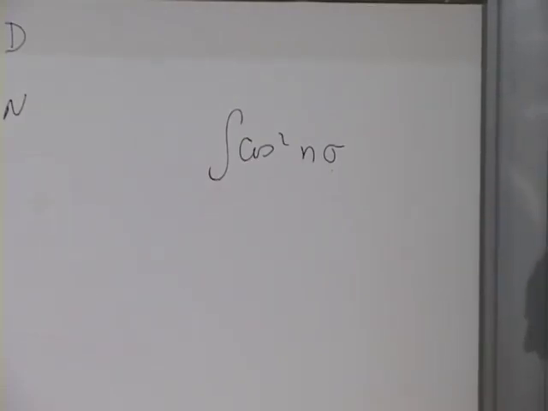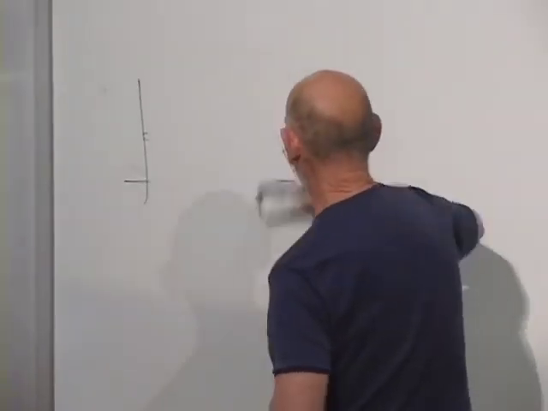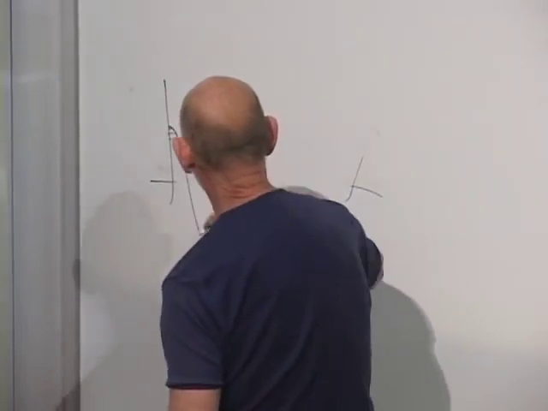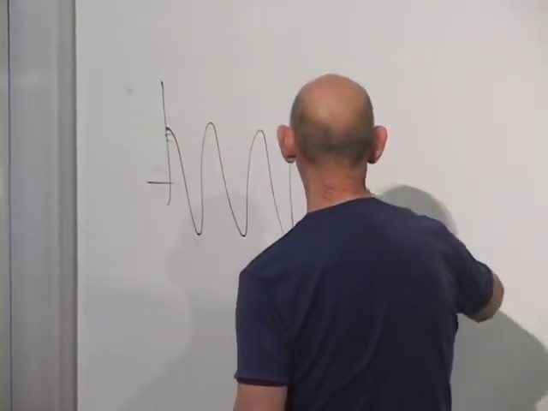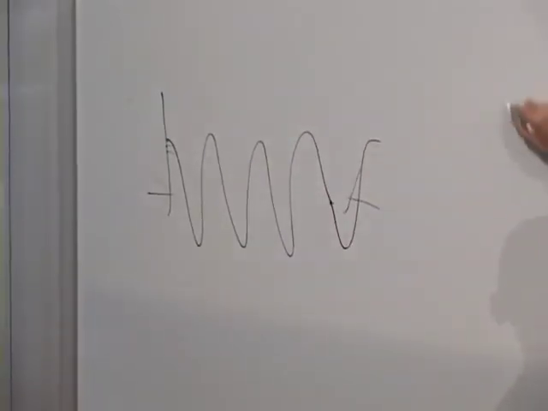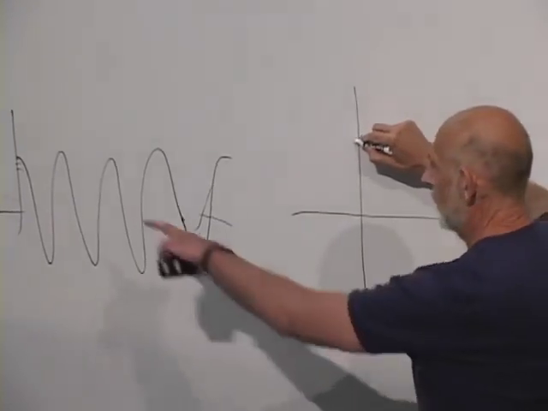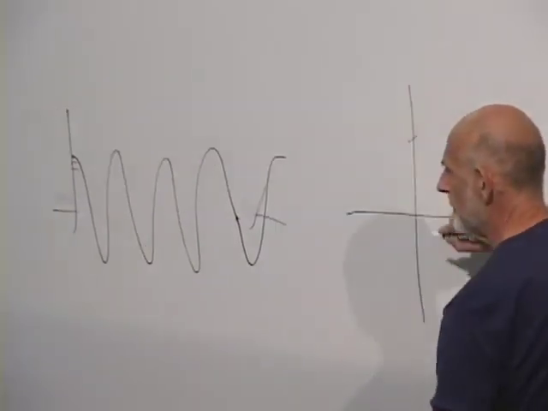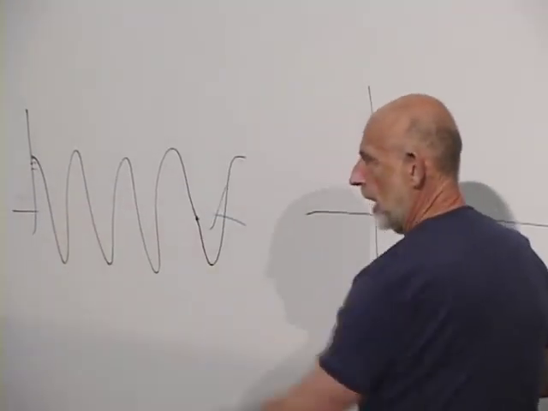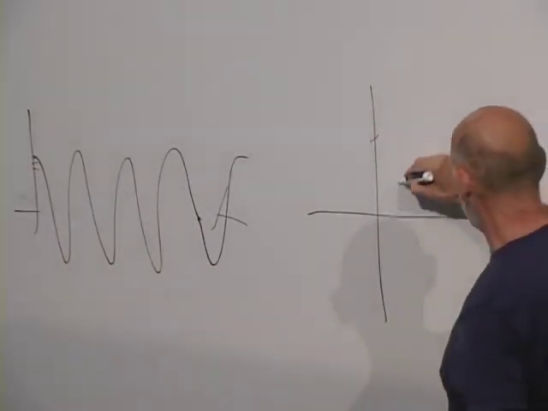In fact, if some cosine function looks like this, the square of it will, of course, wherever it's 1, stay 1, but where it dips below the axis here, the square will be above the axis, so the square of it looks like this.